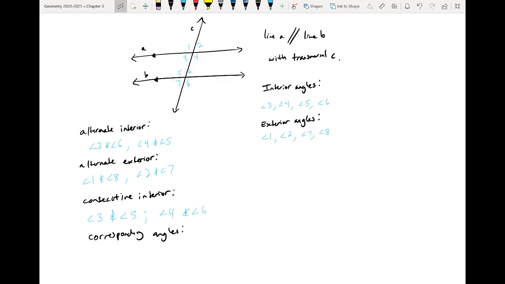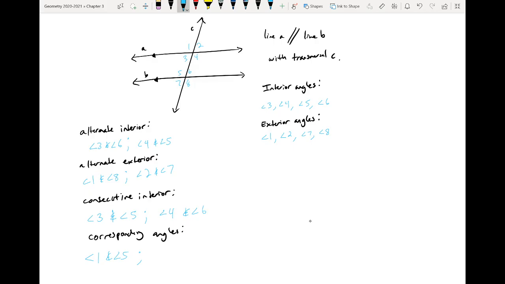In other words, they have effectively the same position off of the transversal on one of the parallel lines. For example, I'm going to give you the first one here, and it's going to be angles 1 and 5. Those guys are corresponding. So that's the pair, okay? 1 and 5 are corresponding.